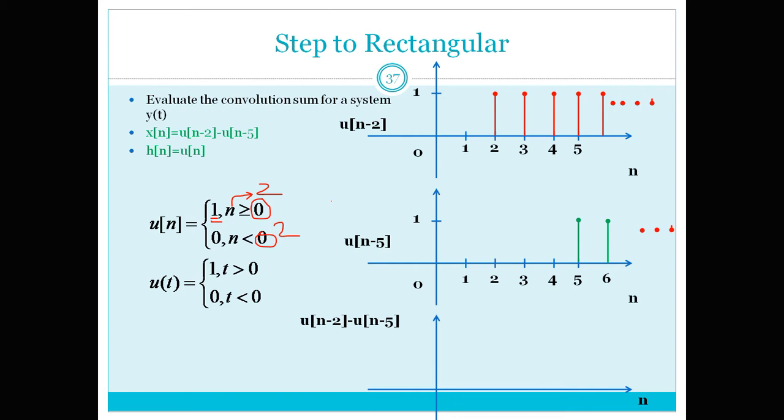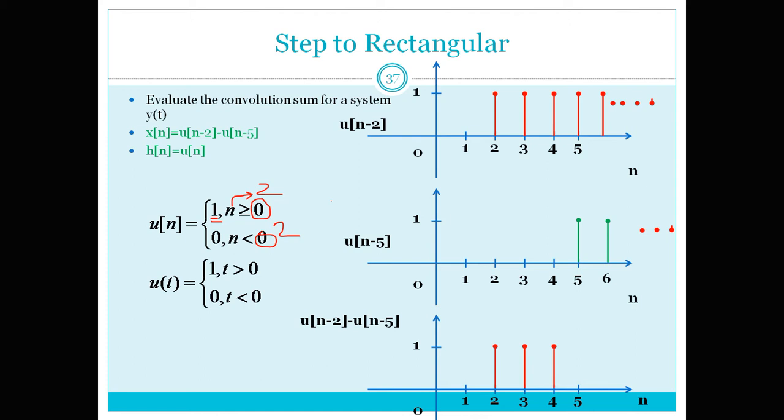All the values from 5 onwards will become minus 1, so plus 1 minus 1 becomes 0. From 5 onwards we are subtracting, so 1 minus 1 is 0. So I will remain with only 3 values. See here, these values are remaining, and all other values will be 0. Now this is my final input signal.